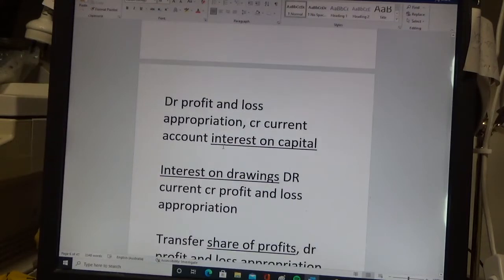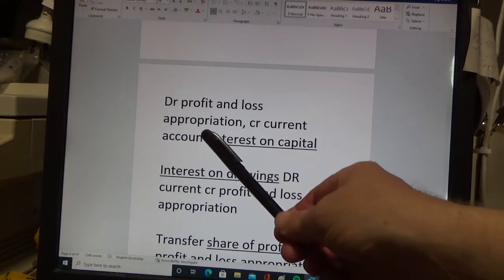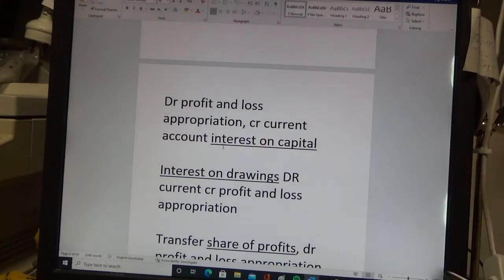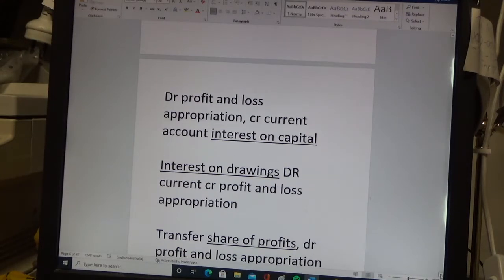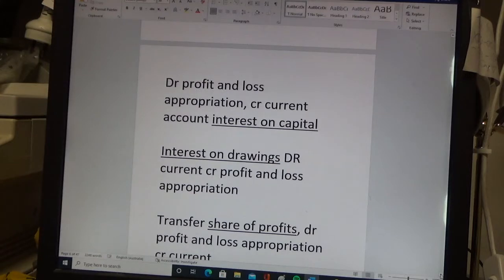Interest on capital, you debit profit and loss appropriation, credit current account, and list all the partners, how much the actual interest on capital for each partner is. Interest on drawings, another current account item, you debit the current account and you credit profit and loss appropriation.